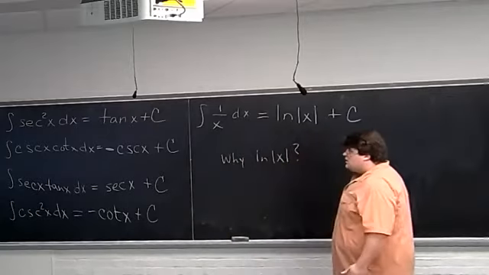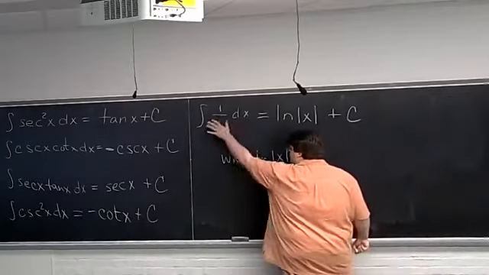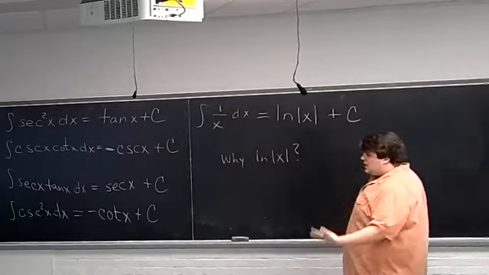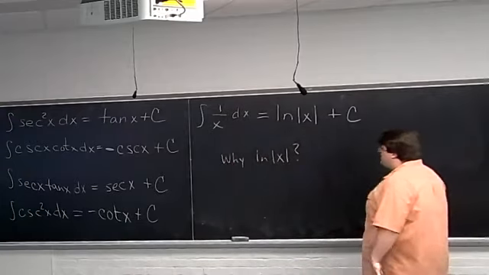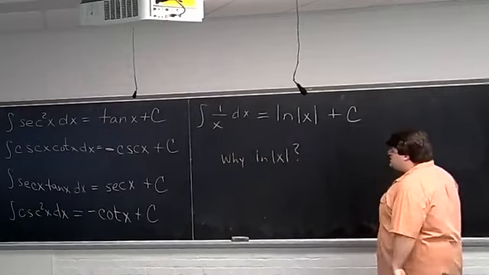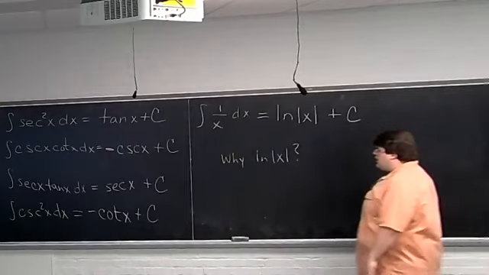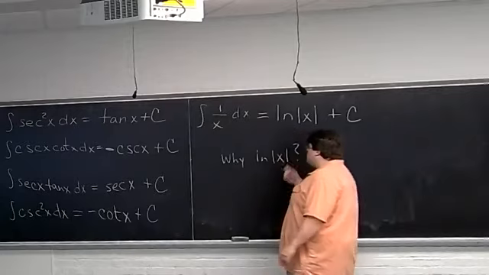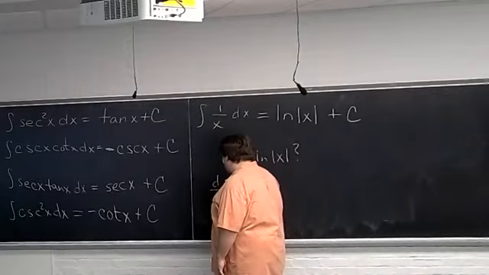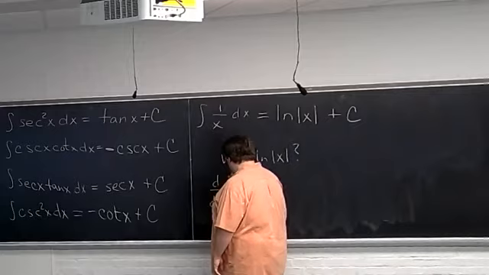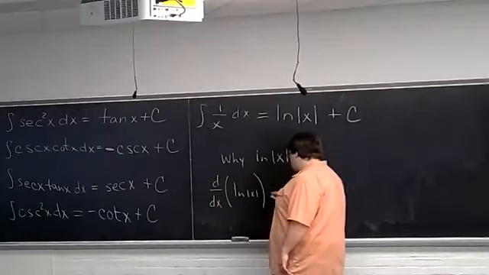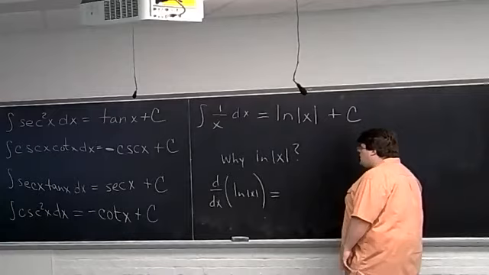Well, first of all, we would like this integral to be defined everywhere that 1 over x is defined, meaning for positive and negative x. 0 doesn't matter because this isn't defined at 0. But why the absolute value of x? Well, take the derivative of the logarithm of absolute value of x. What do you get?